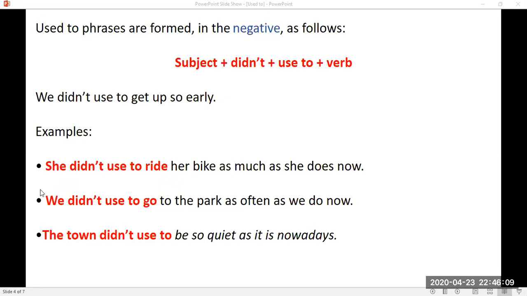So these speakers in the present go to the park very often, but in the past, they used to go to the park, but not so often. A few times per week, maybe, or per month. So compared to the past, now they go more often.